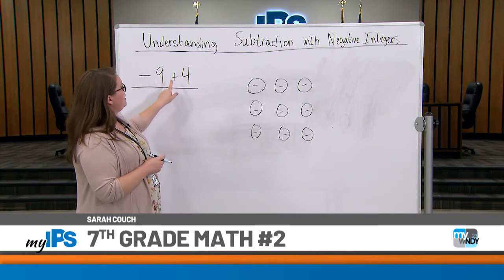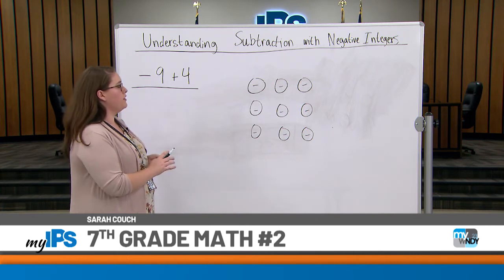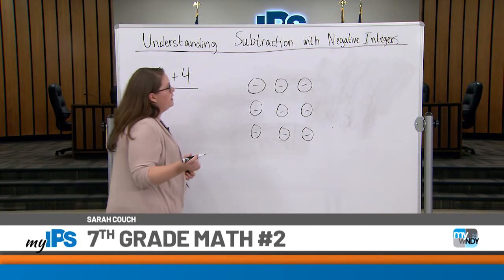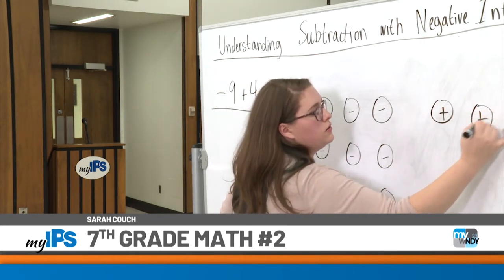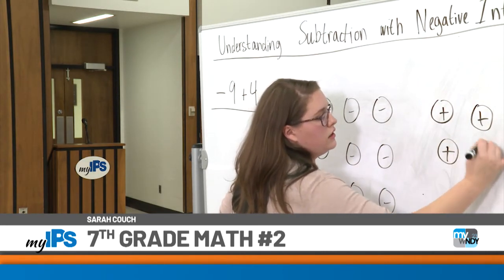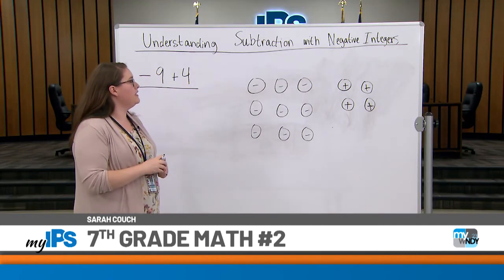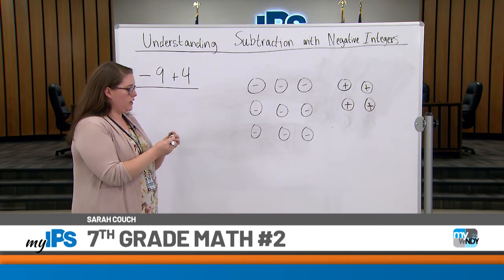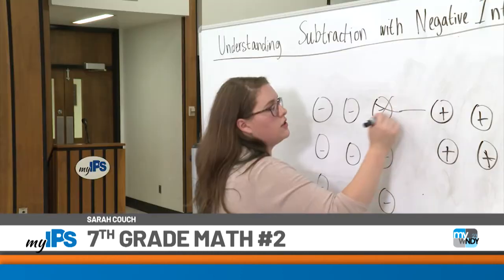But it is different now because we are actually adding positives, and we're going to be making our 0 pairs. So I have 1, 2, 3, 4. So let's make our 0 pairs real quick. This positive can match with this negative and cancel each other out.